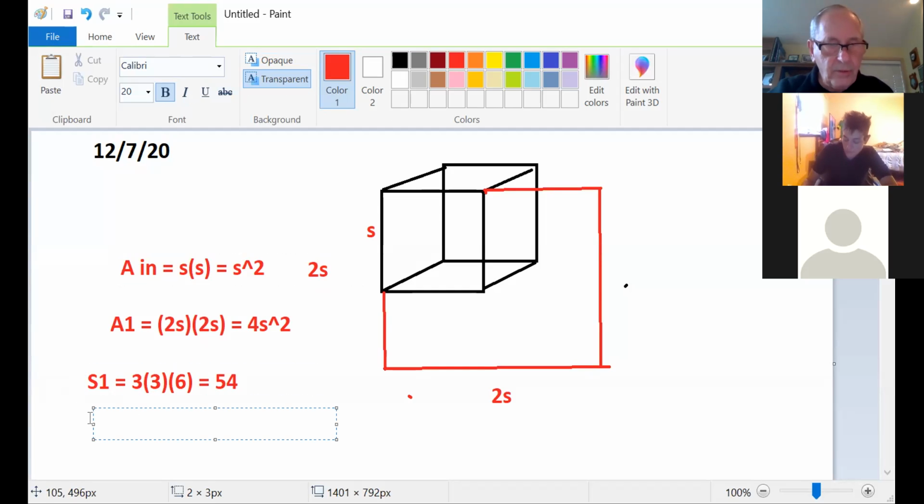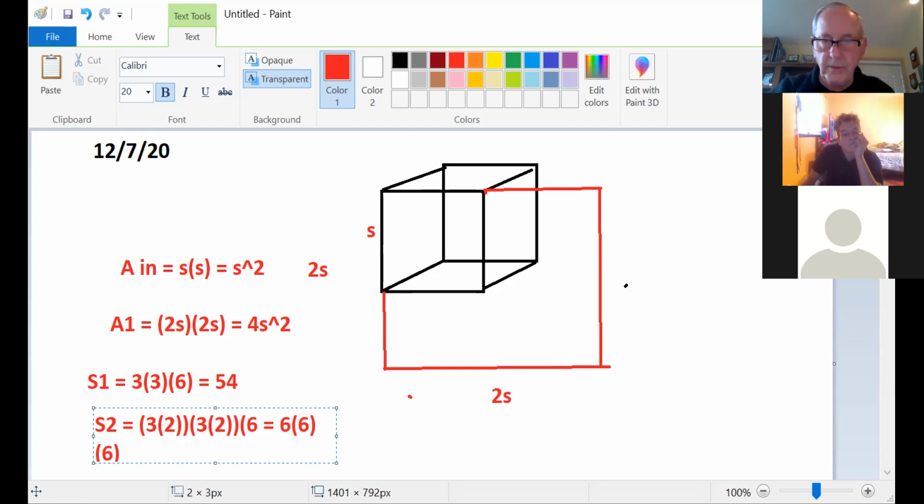The surface area of the second one, when we increase everything by 2, each side is 6 instead of 3, so it's 6 times 6 times 6. And 36 times 6 is 216.